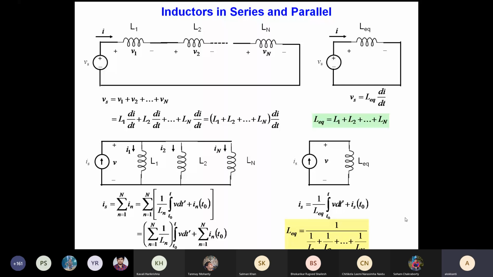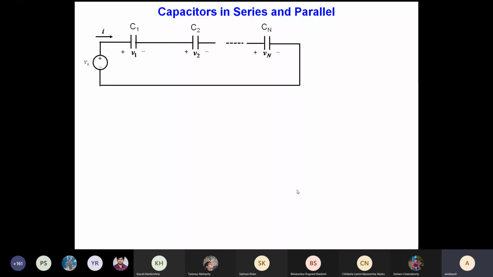Okay. So next thing is capacitors in series and parallel. If you have n capacitors, C1, C2 to Cn, connected in series, is it possible to find an equivalent capacitance for them? Yes, sir.